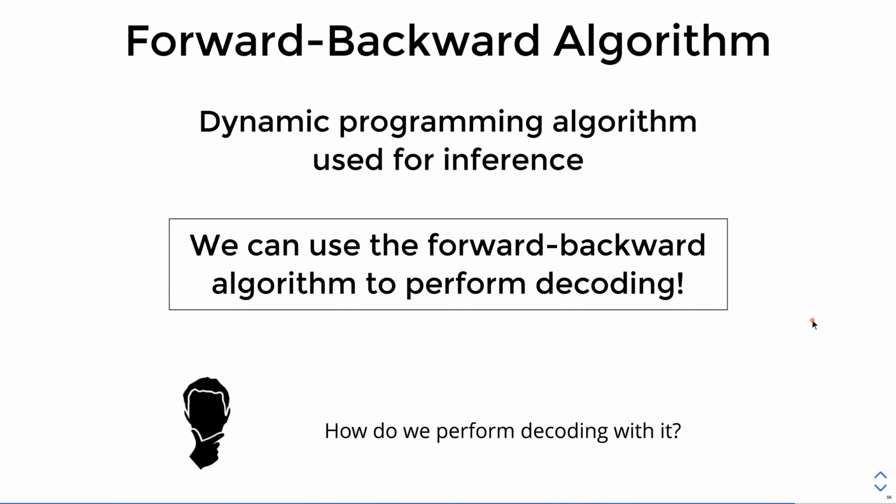It turns out the forward-backward procedure can also be used in some other scenarios. It's a procedure used for inference, but we can also use it for decoding. So the question is, how can we use it for the purpose of decoding?